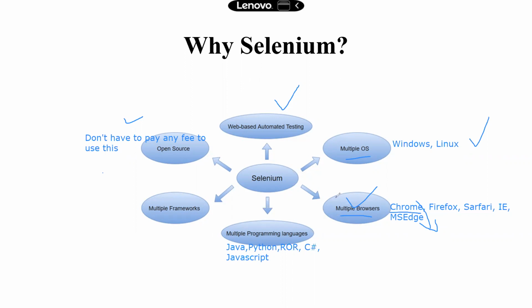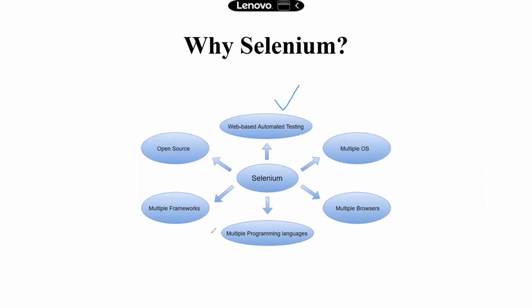That Chrome driver would link our script with Chrome. If we want this for Firefox, we would use its driver, and respectively for others as well. Then we have flexibility for multiple programming languages, for multiple frameworks, and again, it's open source. So we have a lot of choices, and we can use them on the basis of our needs. That is why we are going to choose Selenium.